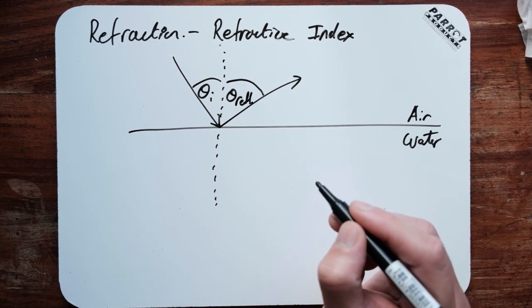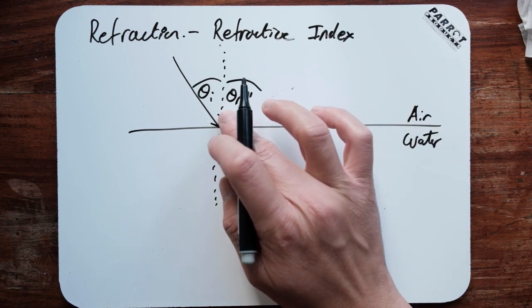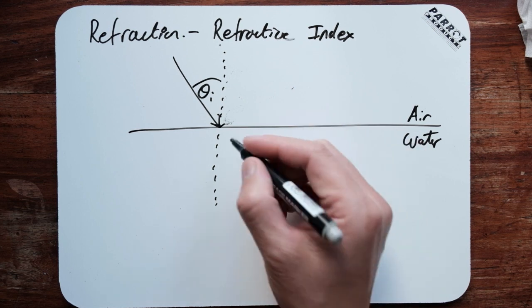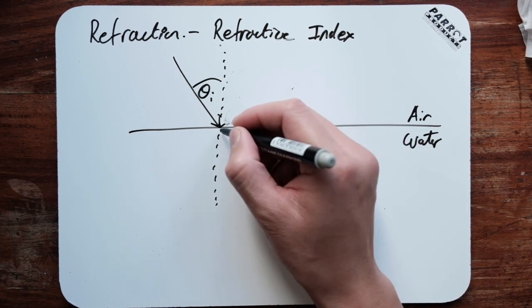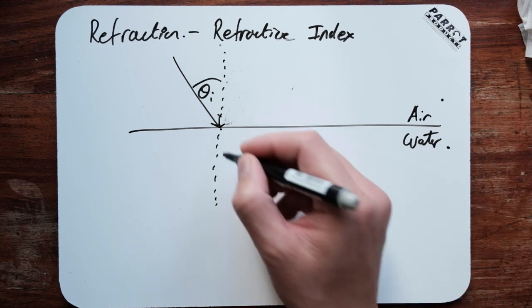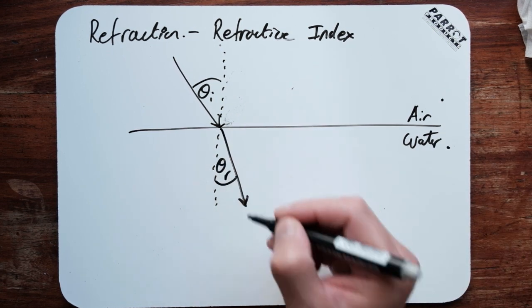That's because of the law of reflection. But now let's pretend that the light is going to refract into the water. Because it's going from a low density to a high density, it will bend towards the normal for an angle of refraction.